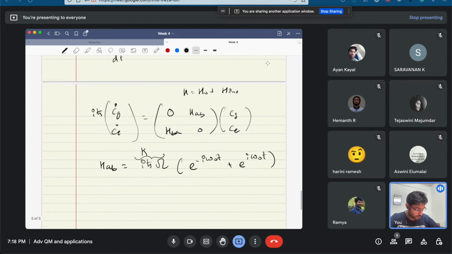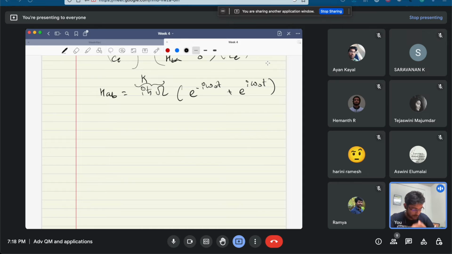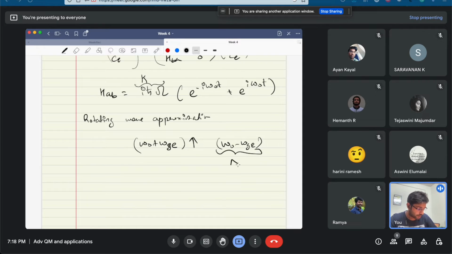There is one more approximation that has been used, called the rotating wave approximation, in which a similar concept is used. Whenever you have omega naught plus omega GE, this term oscillates rapidly and you essentially neglect it. Whenever you have omega naught minus omega GE, which is essentially your detuning, that is delta, then you keep only those terms.